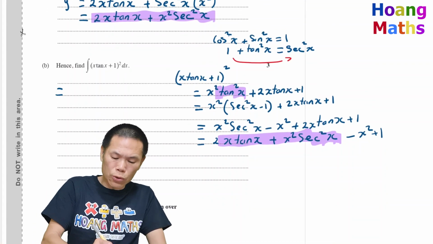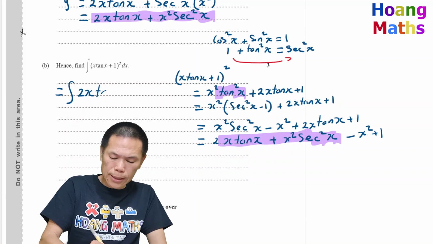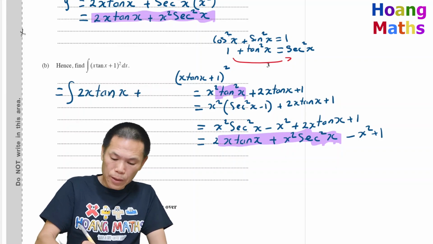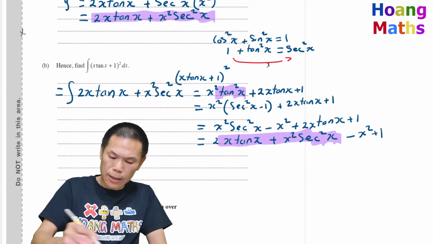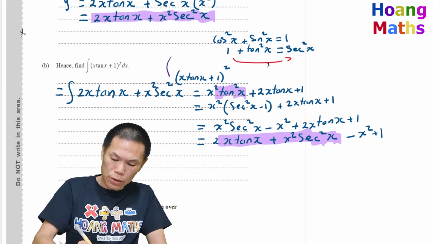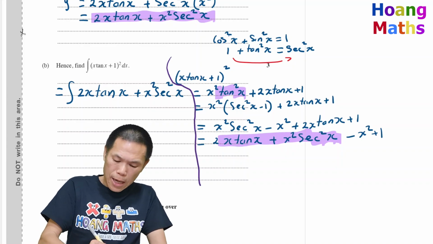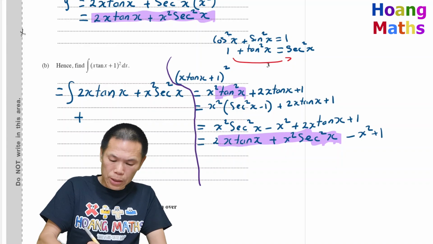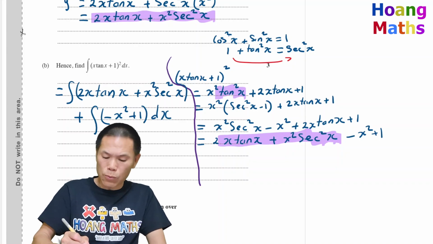That is equal to the integral of 2x tan of x plus x squared sec squared of x. Let me draw a line here so you can follow with me. And we add the integral of negative x squared plus 1, dx. And of course, this is dx as well.